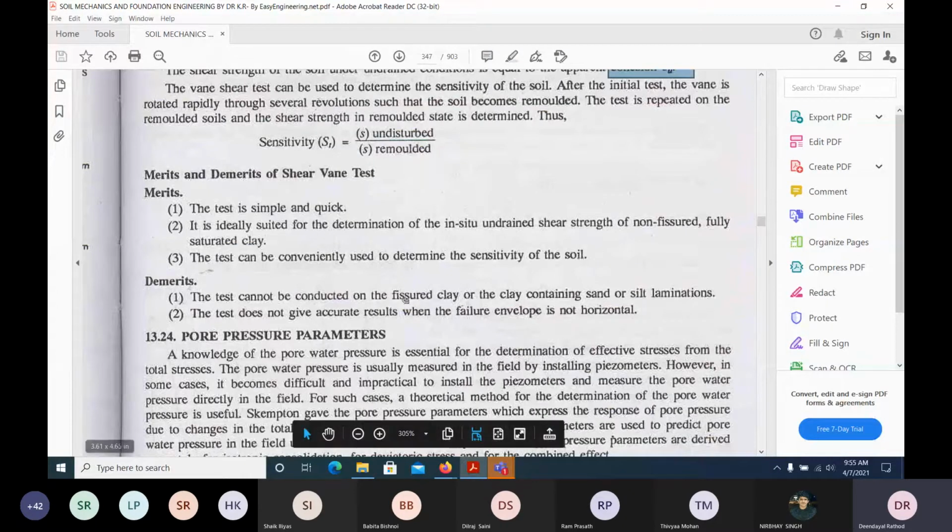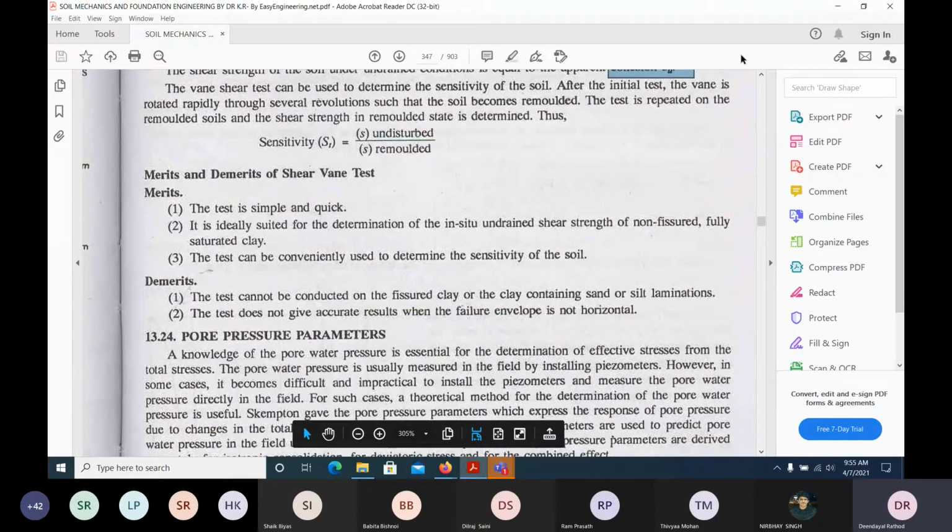It cannot be conducted on a fissured clay, that means soil which already has failure planes, or on a clay containing sand, because the vanes will break if we use sandy soil. So we cannot use it for sand or silt soil. We only use it for soft clay. This test does not give accurate results when the failure plane is horizontal, so fissured clay we generally will not use.